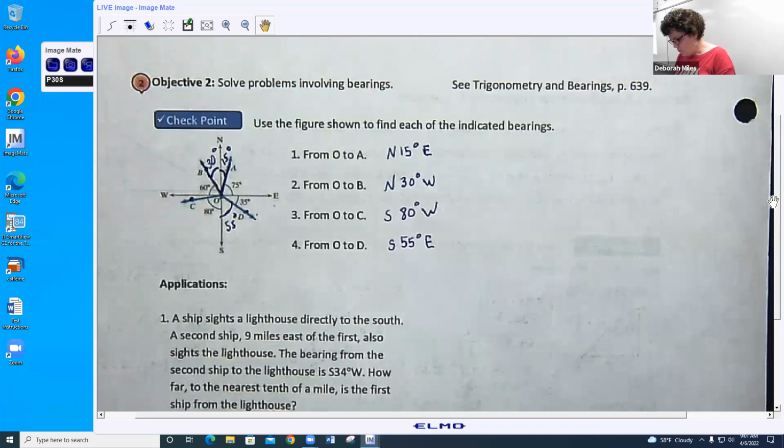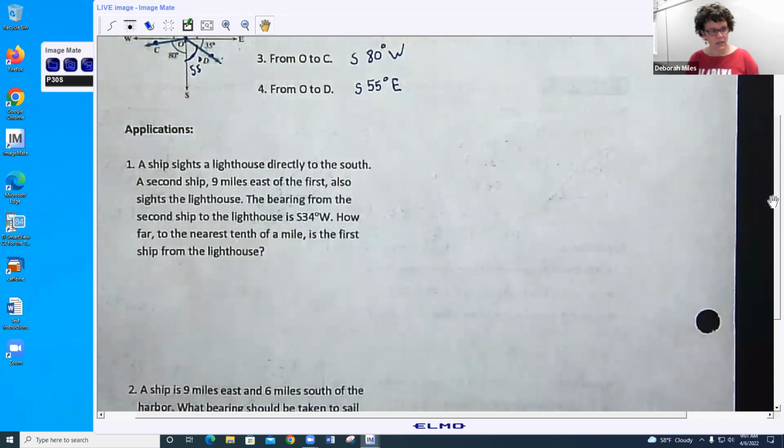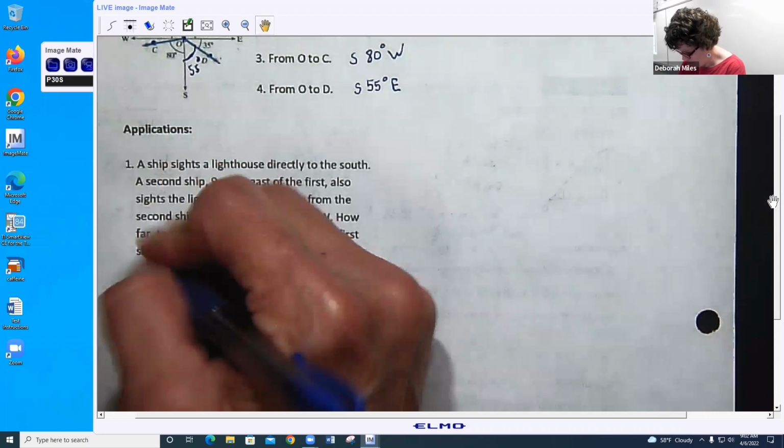All right, how do we use that in an application? A ship sights a lighthouse directly to the south. So we need a ship and we need a lighthouse.